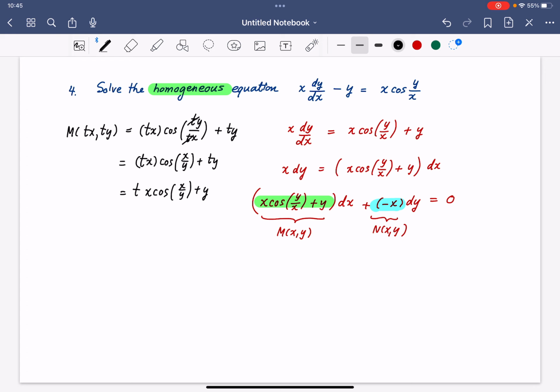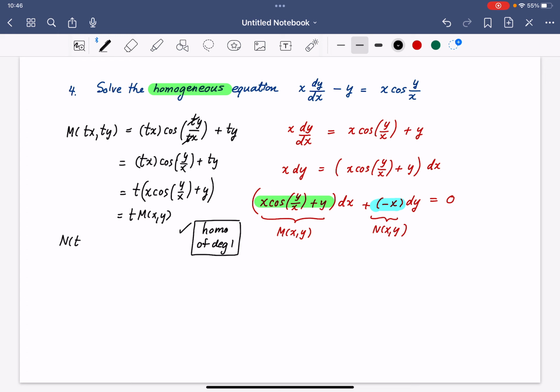Oh, y over x. Okay, y over x, good. Then you pull out t, so it's actually t times M(x, y). This is homogeneous of degree 1. So many steps to do it, but this is homogeneous of degree 1.